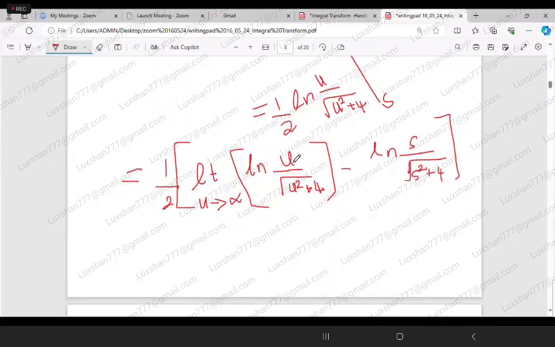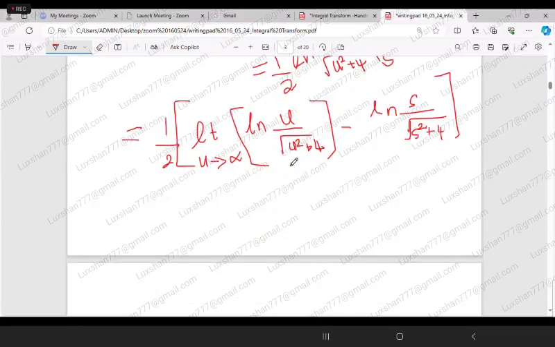So when u tends to infinity, what is the value of this one?